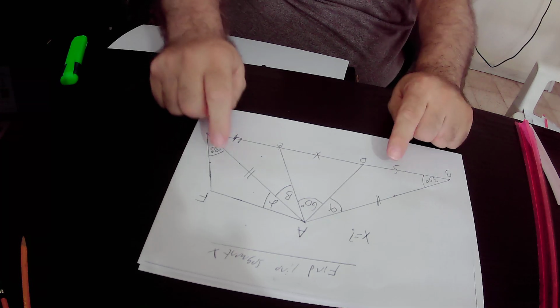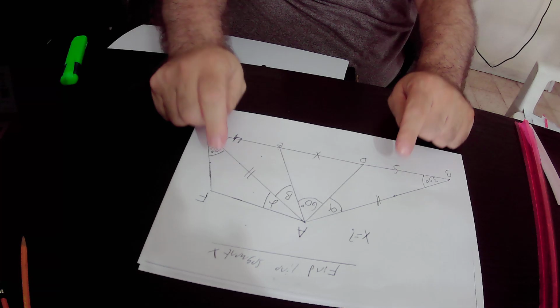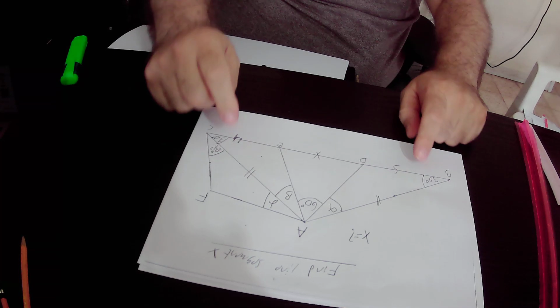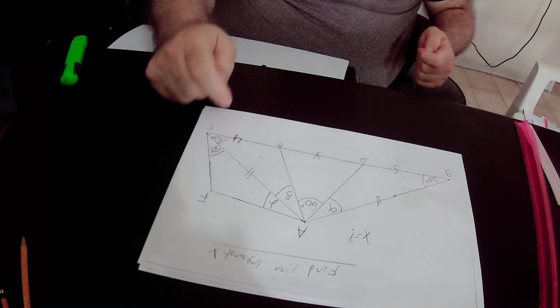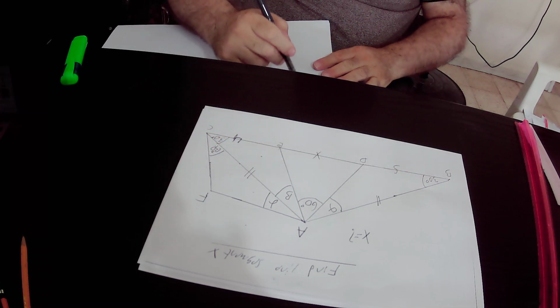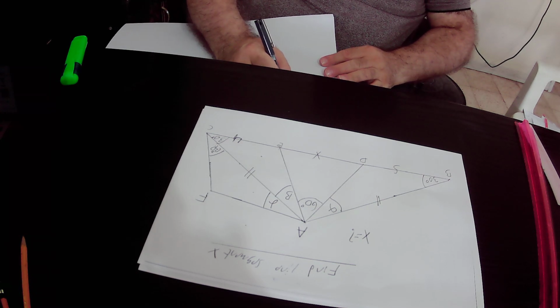So we actually proved that those two triangles can go into each other according to the angle side angle rule. And from the fact that those two triangles can go into each other, we'll conclude two things.